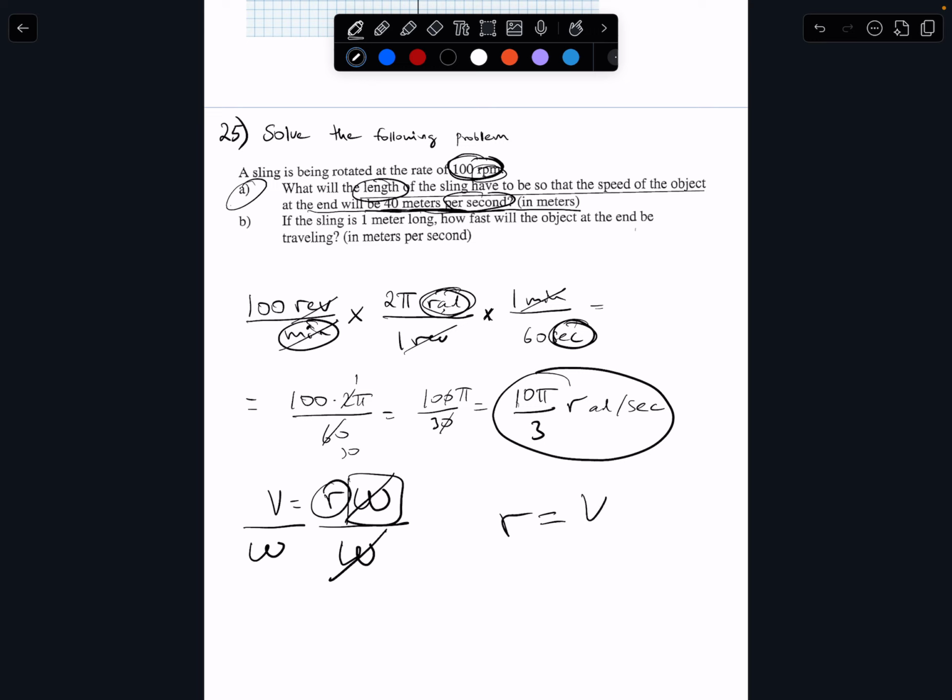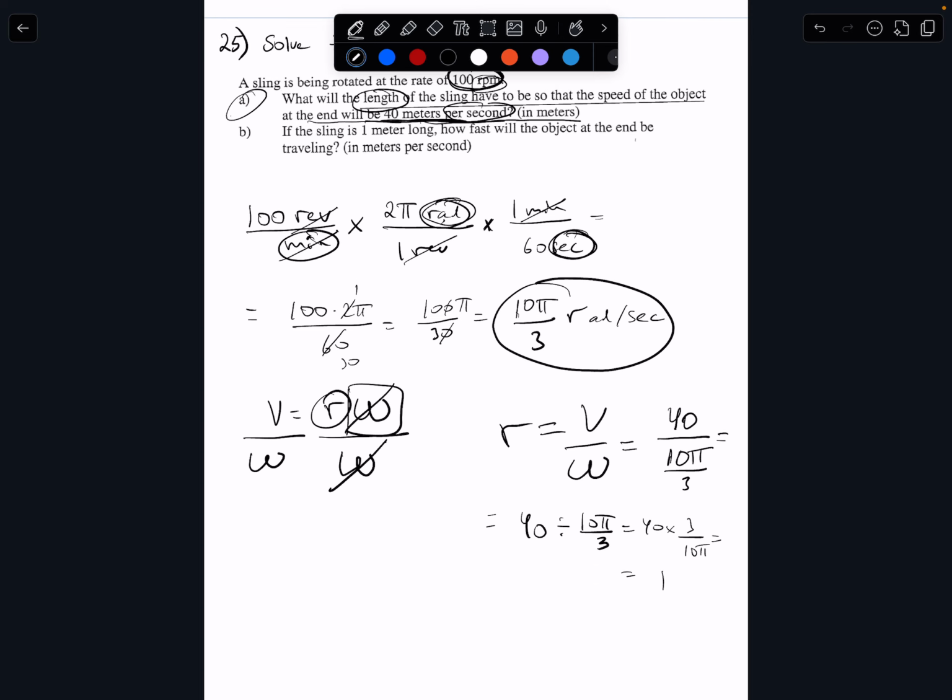So r equals velocity over the circular rotational velocity. We're going to get velocity of 40 over 10 pi over 3. So 40 divided by 10 pi over 3 is 40 times, and then we'll do keep change flip, 3 over 10 pi.